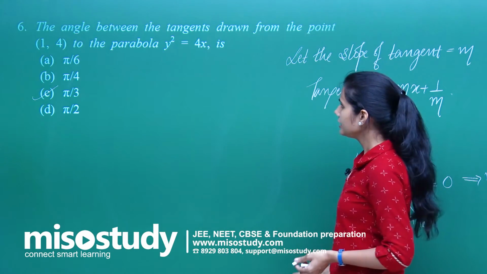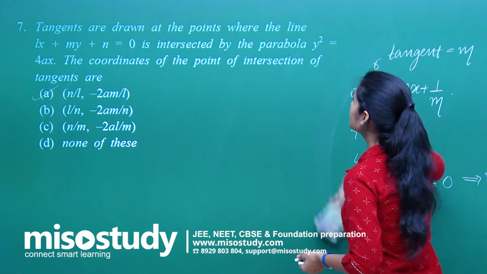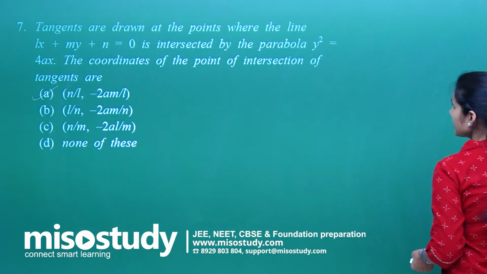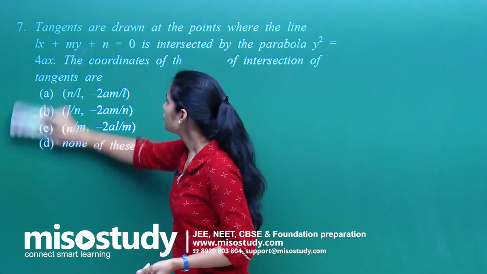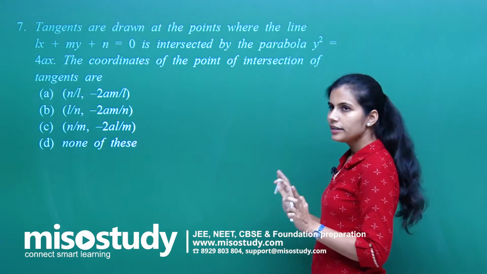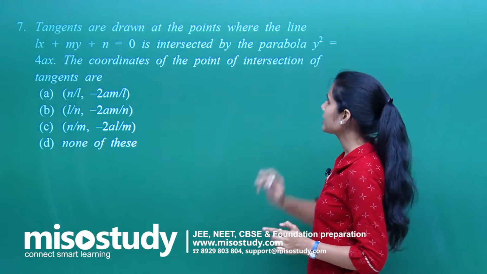Clear? Next question is, tangents are drawn at the points where this line is intersected by the parabola y square equals 4ax. The coordinates of the point of intersection of the tangents are what? So over here, understand, tangents are being drawn at points where this line is intersected by the parabola.